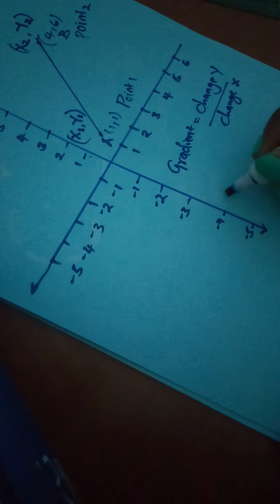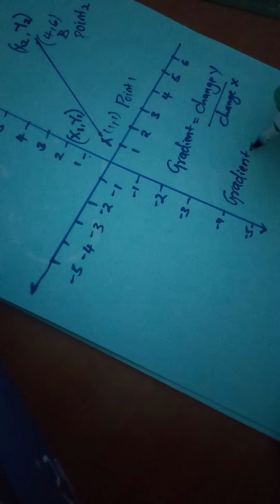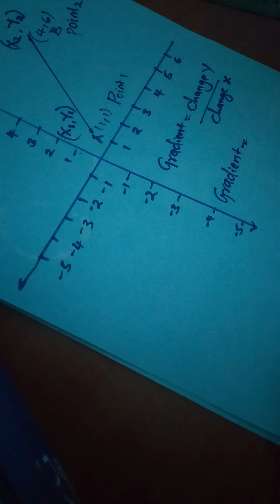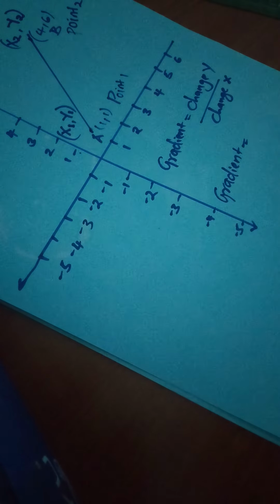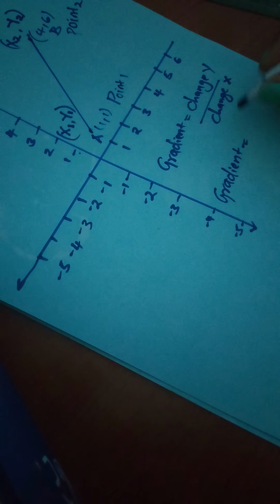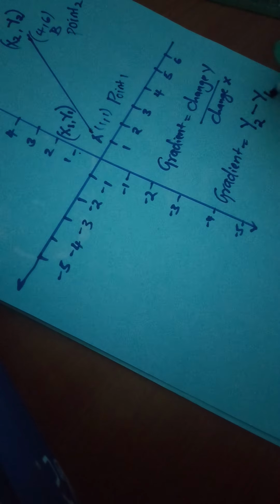So when I'm talking about the change in y, my gradient should be equal to the change, and that change is actually the difference. It's good we understand that the change is the difference, which means it is my y2 minus y1.